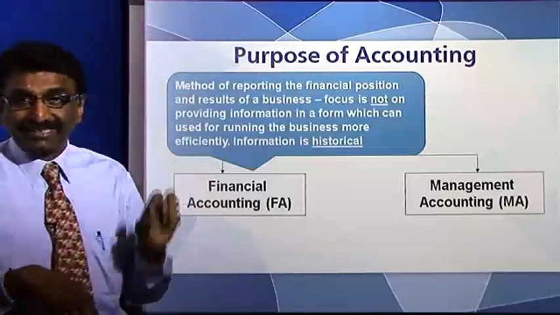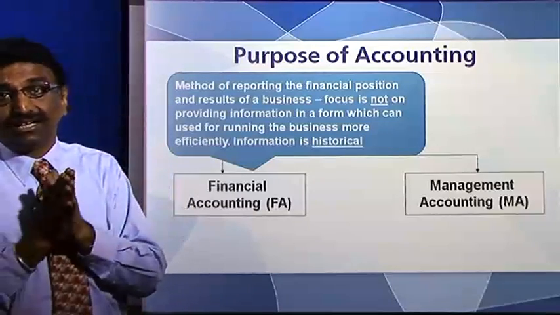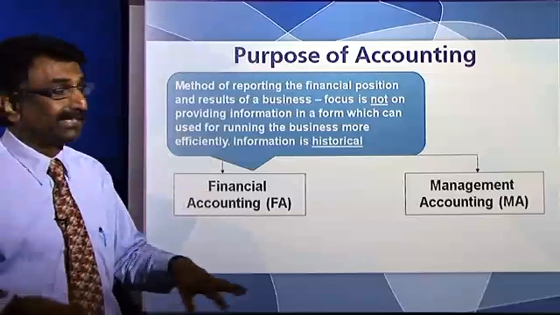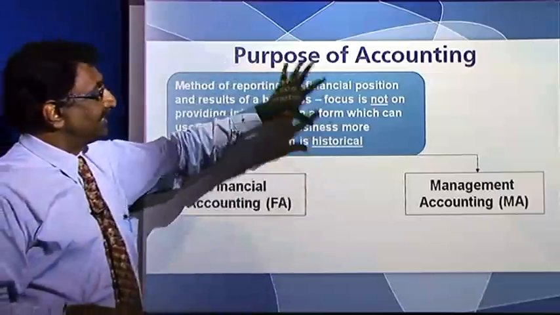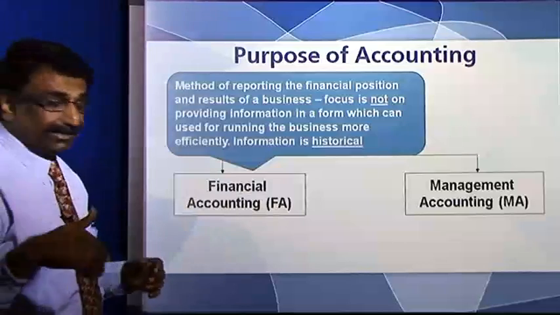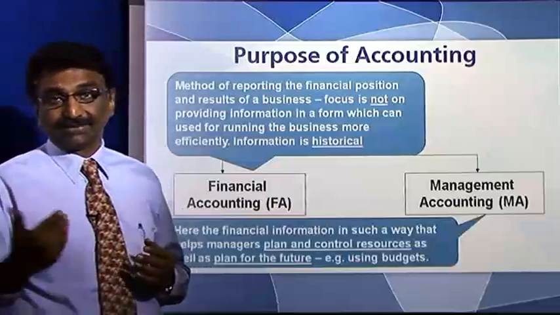The data that it gives me is also historical. That is, once the actual event or transaction has happened, then I record that and then I summarize that. That is the nature of information that I get from financial accounting. But I need a different type of information when I'm running a company. The management requires a different type of information.